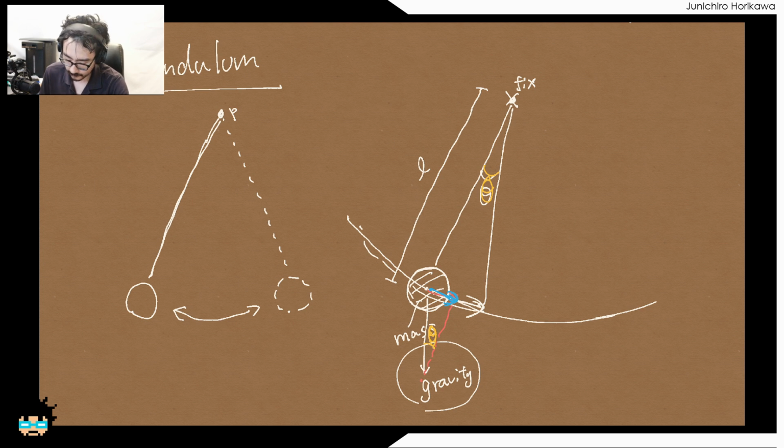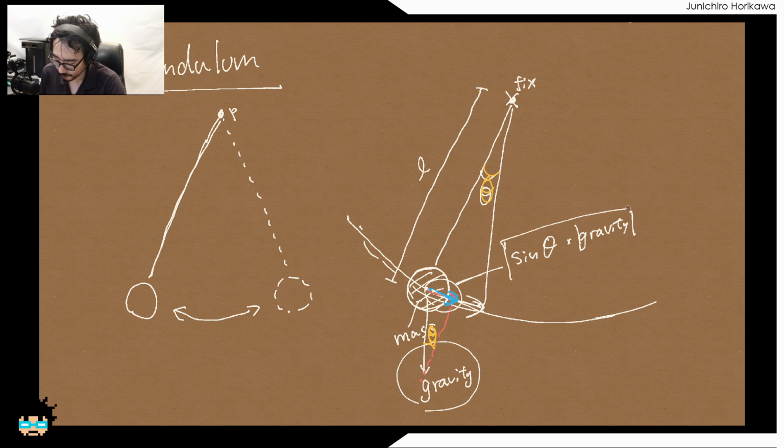Then we know that this blue angle value or angular force value is equal to the sine of theta multiplied by the gravity length. And we can actually see this as an incrementing angle value, which could be equal to the force value, which was coming from the idea from the angular force from the previous section.